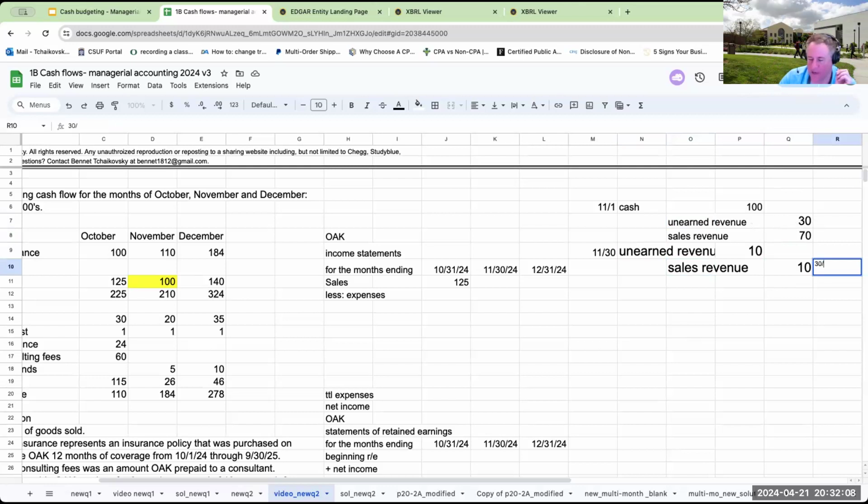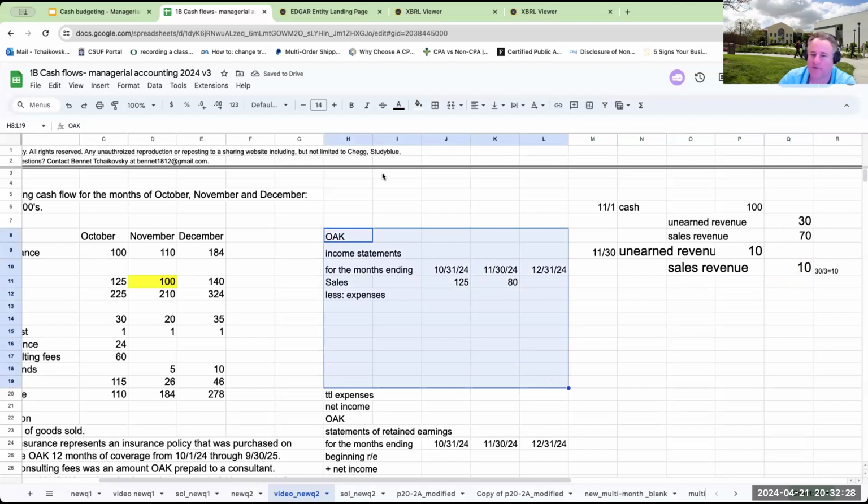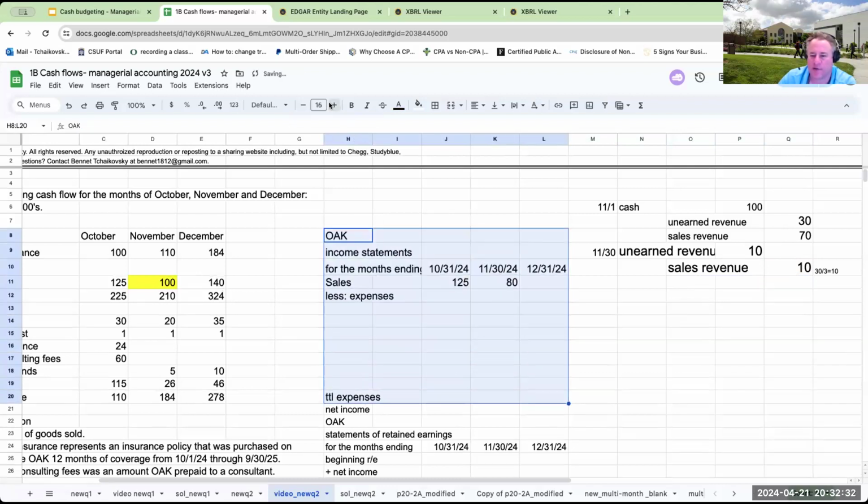Well, 30 divided by 3 months of service is equal to 10. So over here, my sales for the month of November are going to be 70, which is from the cash that I received, plus 10 relating to the unearned revenue. So that is going to be my sales.